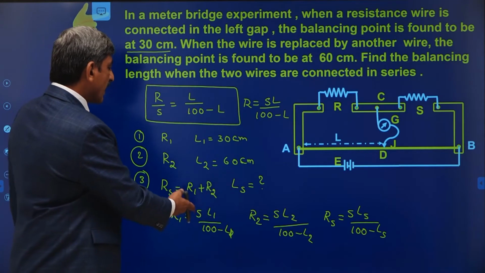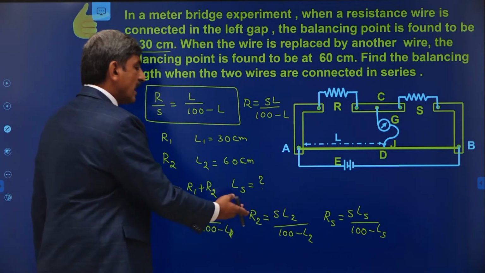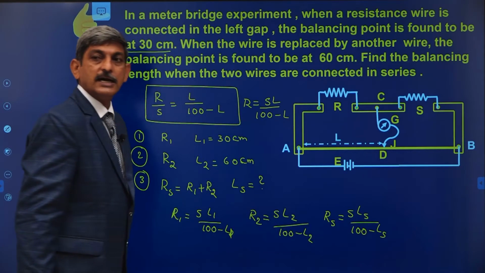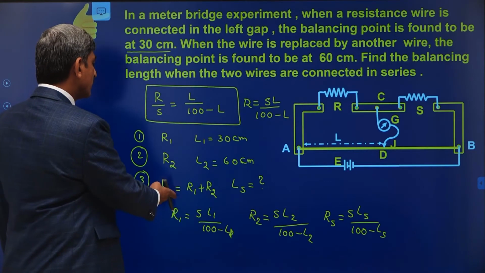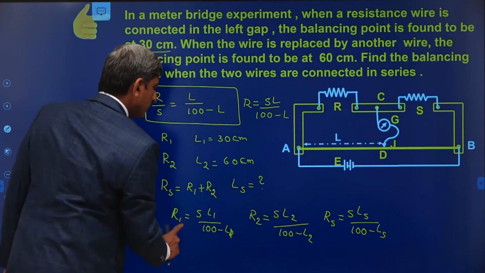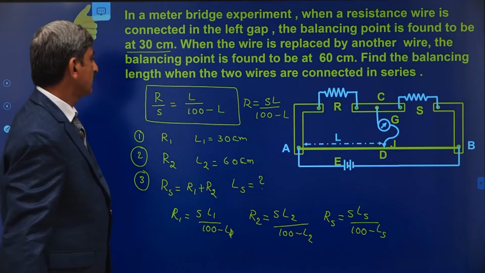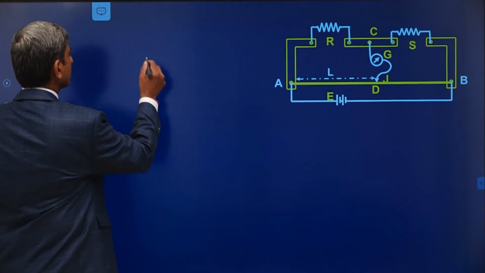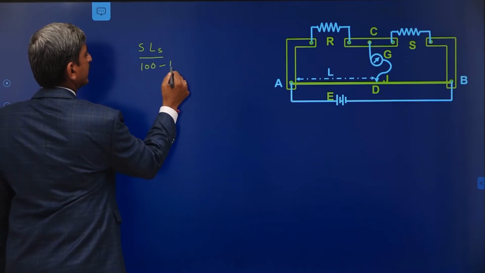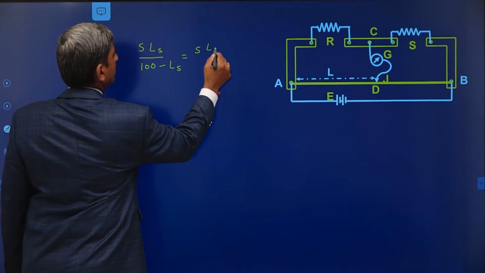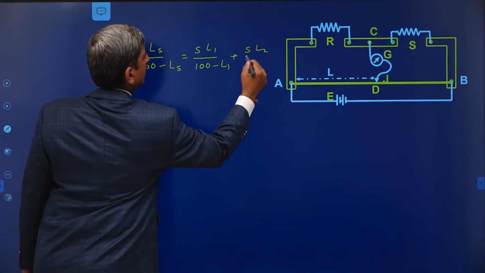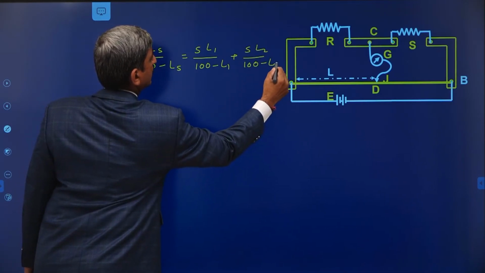Okay? Here R1 is equal to SL1 by 100 minus L1, R2 is equal to SL2 by 100 minus L2 and RS is equal to SLS by 100 minus LS. But already we know that R series is equal to R1 plus R2. Substitute this R series value, R1 value and R2 value in this equation, then it becomes SLS by 100 minus LS is equal to SL1 by 100 minus L1 plus SL2 divided by 100 minus L2.